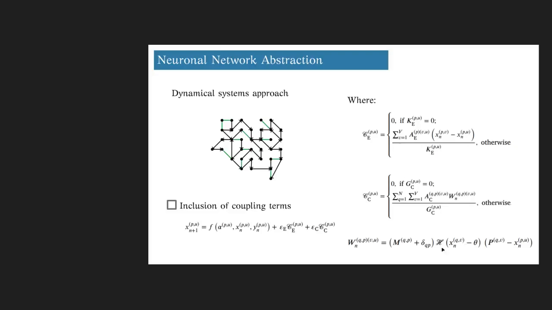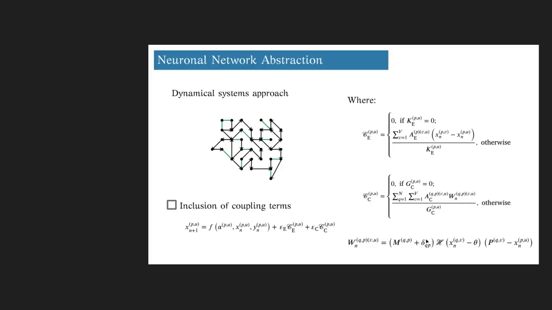H is the Heaviside function. So if x n is greater than theta, we have a spike, and this connection is established. The connection can be of two kinds: excitatory or inhibitory, and it is modeled by this term, P. And M is the total adjacency matrix of the system.